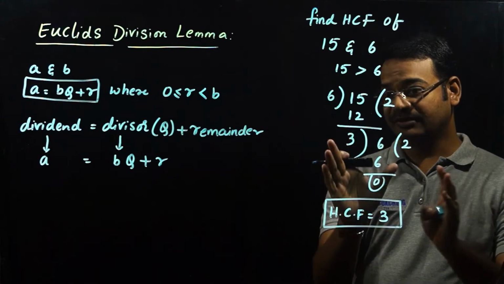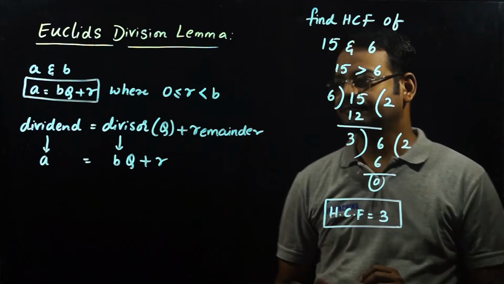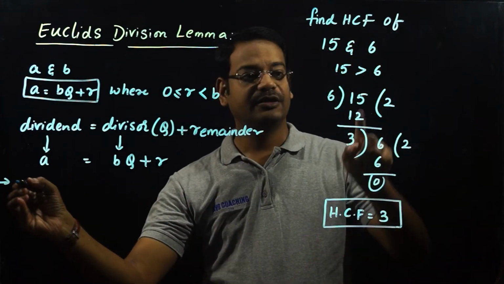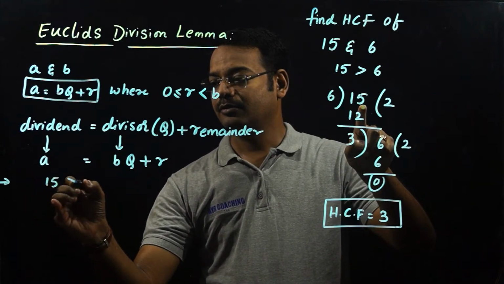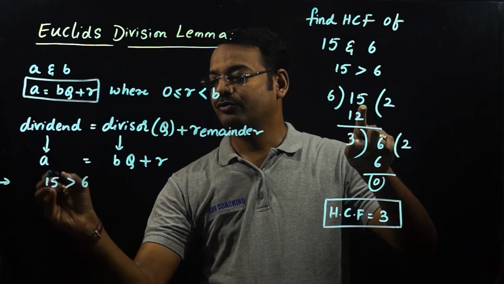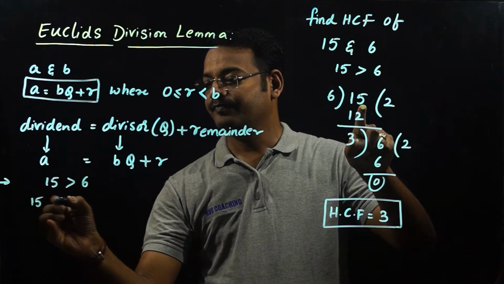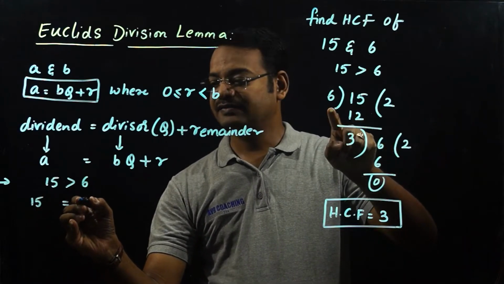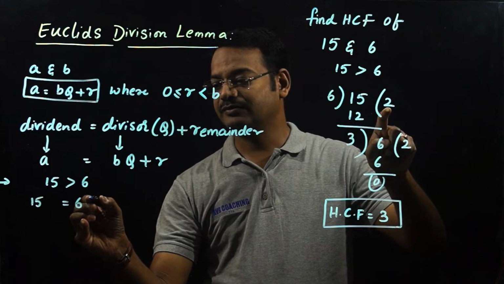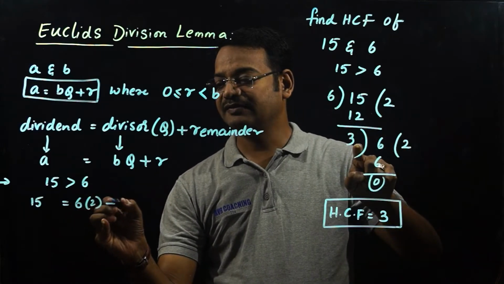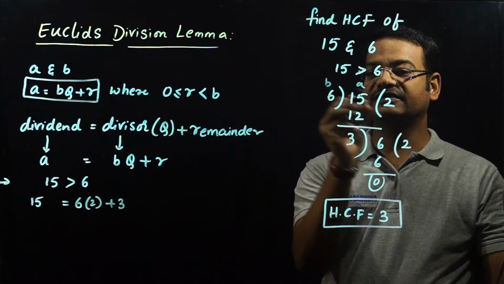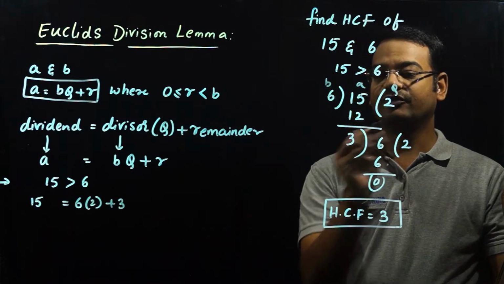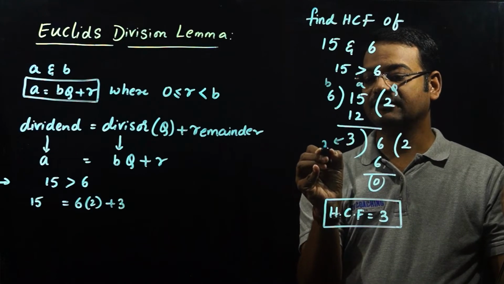Now if we compare this to Euclid's division algorithm, in the first step 15 is greater than 6, so 15 is a, 6 is b, 2 is q and 3 is the remainder.